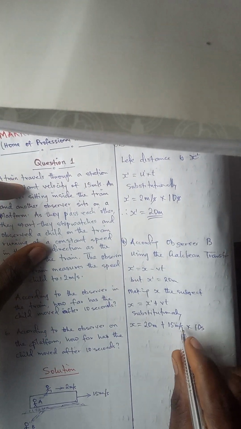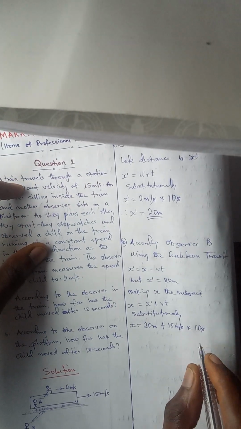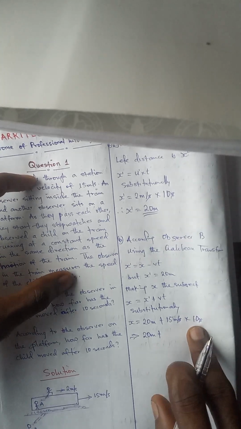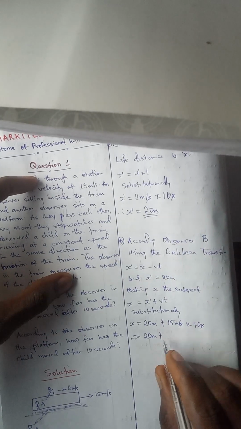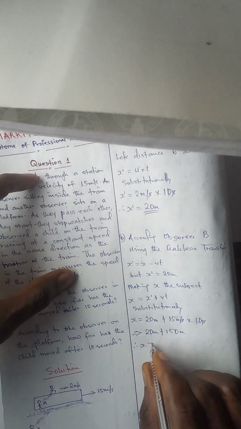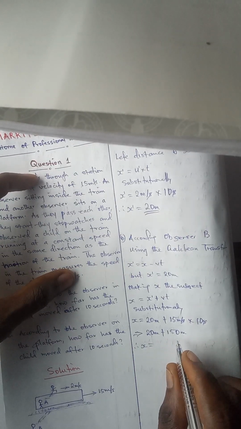Alright, so the seconds go, right? We now have that this same thing equals 20 meters plus 15 times 10. 10 times 10 is 100, 5 times 10 is 50. So we have that 15 times 10 is equal to 150 meters. Now therefore x is equal to 20 meters plus 150 meters.